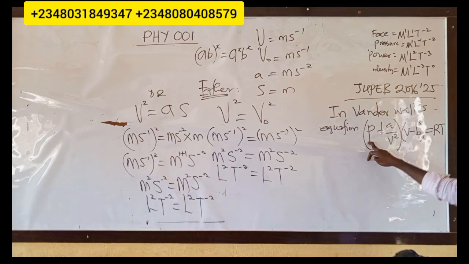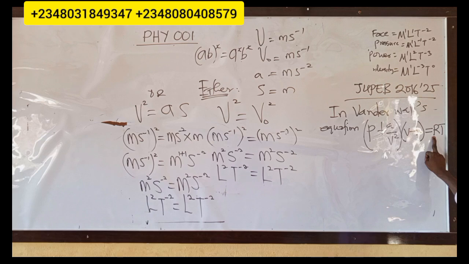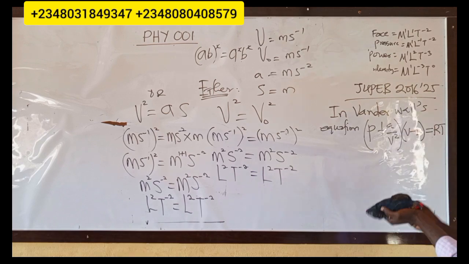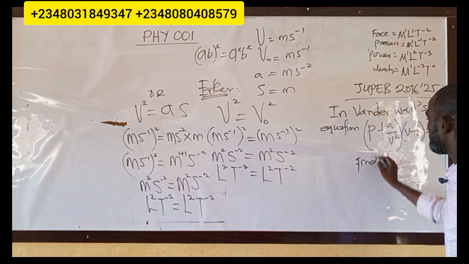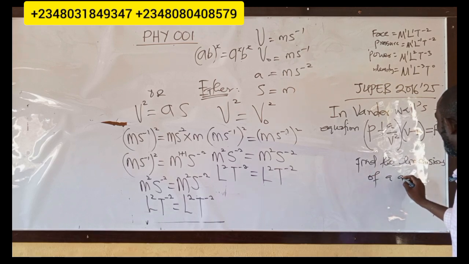P is the pressure, V is the volume, R is the gas constant, T is the temperature. We are asked to find the dimension of A and B.